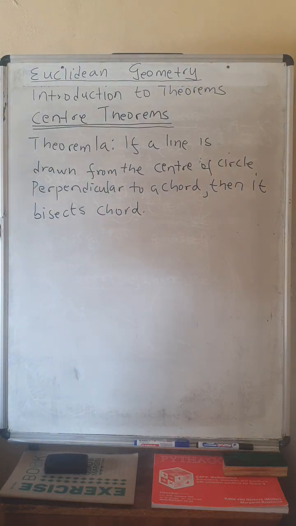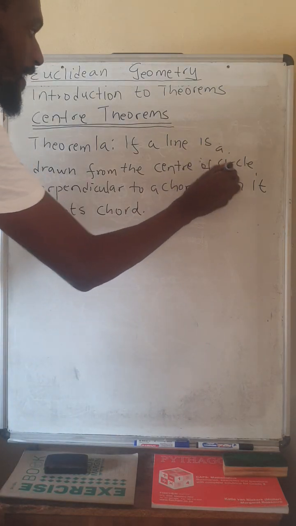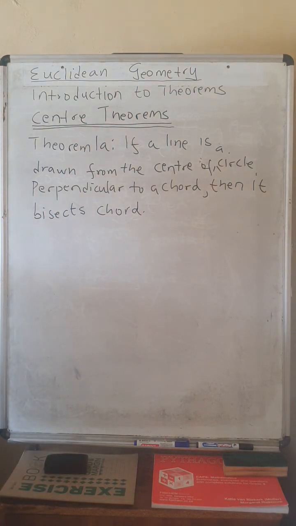This is the first theorem of the grade 11 theorems, theorem 1A. If a line is drawn from the center of a circle perpendicular to a chord, then it bisects the chord.